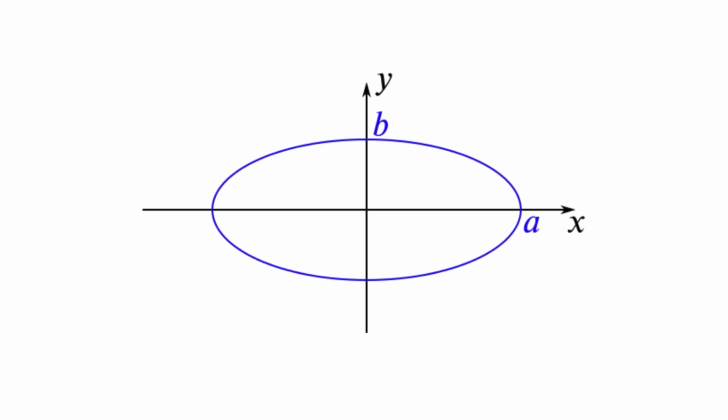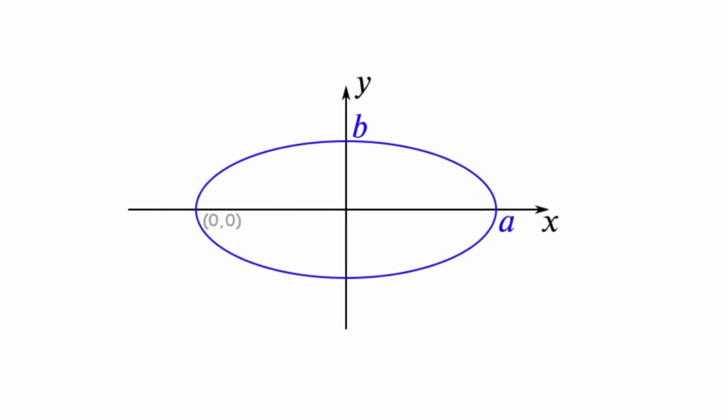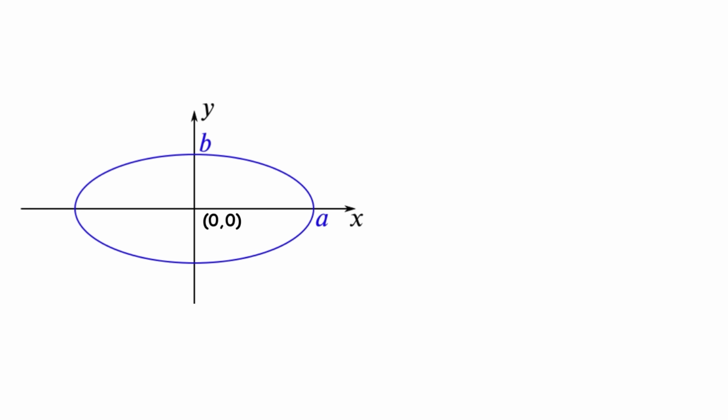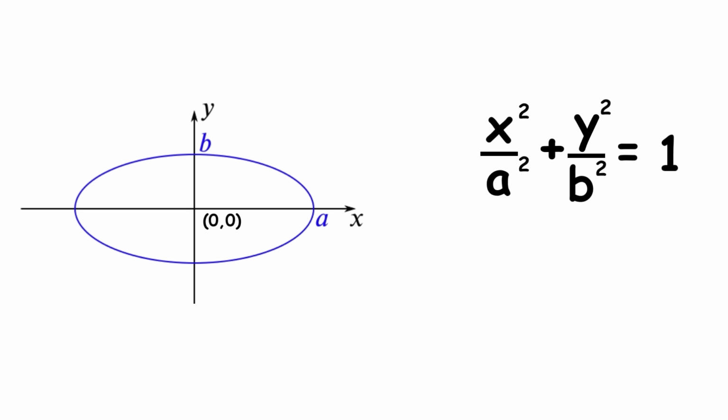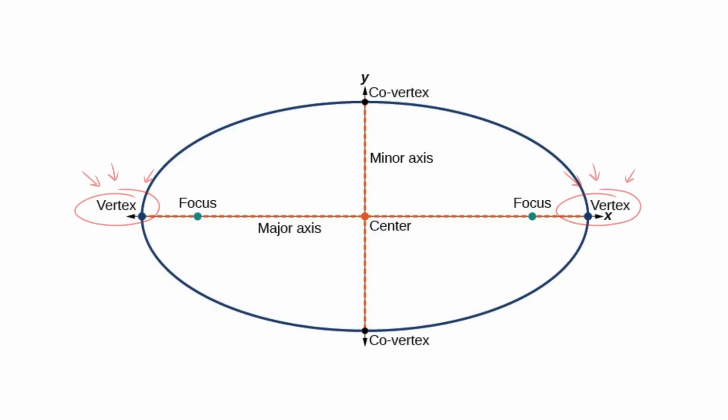An ellipse can also be thought of as a stretched out circle. The equation for an ellipse centered at the origin with a width of 2a and a height of 2b is x squared over a squared plus y squared over b squared equals 1. The farthest points on the ellipse from the center are called the vertices of the ellipse, and the closest points are called the covertices.